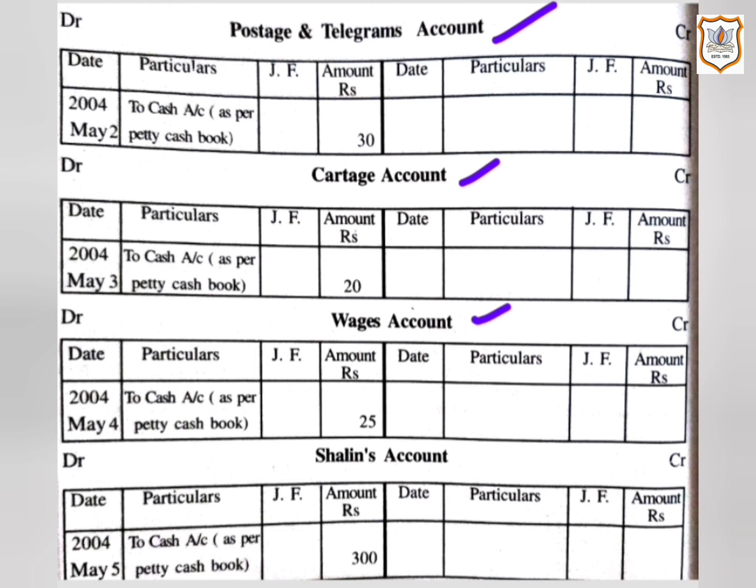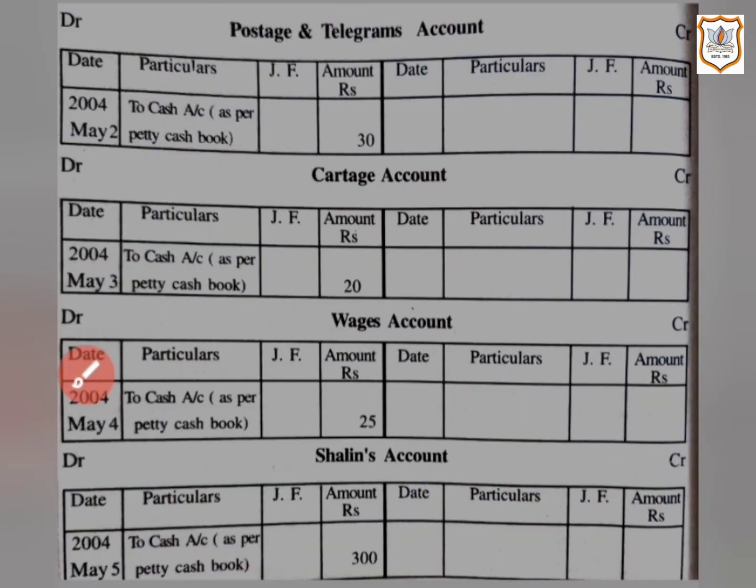So here, as these are expenses, and we know that expense has debit balance, so we will record it on debit side. So here 30 rupees will be recorded on debit side of postage and telegram account, then 20 rupees will be recorded on debit side in cartage account, then 25 rupees will be recorded on debit side in wages account.